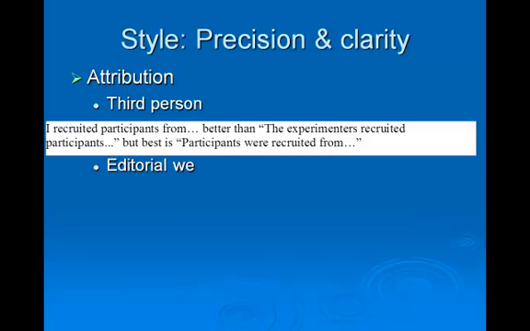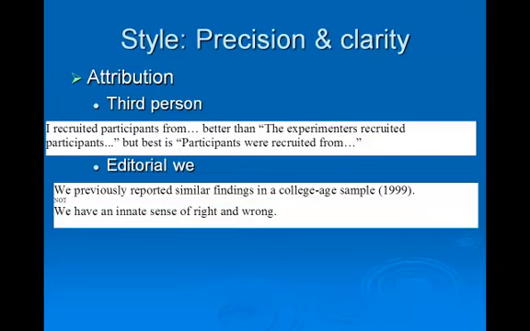Okay, so even though you can use the we or I, don't use the editorial we, and that's when you use we for people in general. Like, oh, we are this way, right? So you could read something like, "we previously reported similar findings in a college-age sample," right? Which isn't that good of a sentence, by the way, now that I look at it.